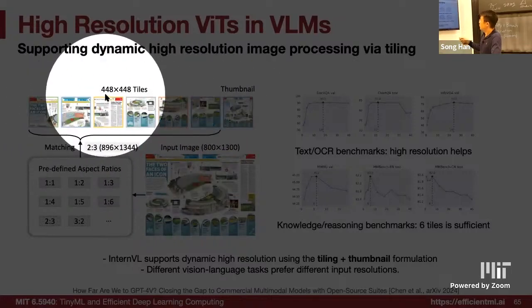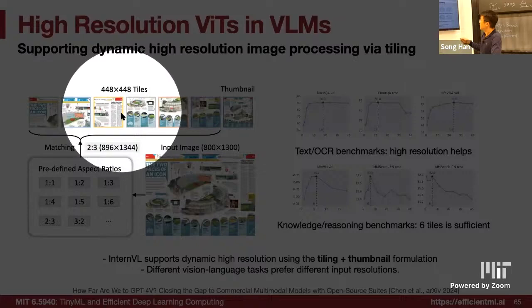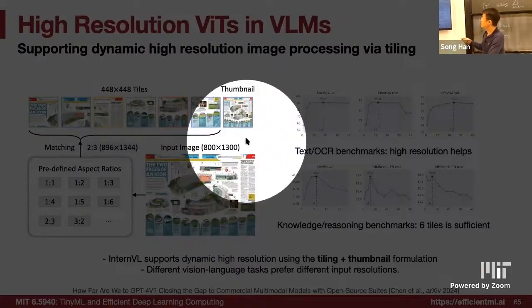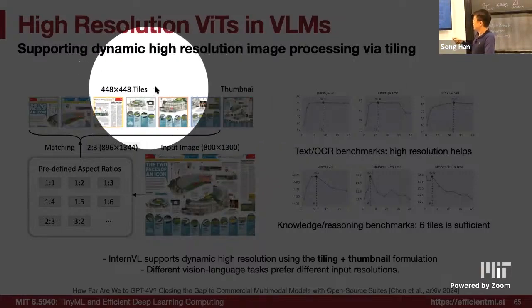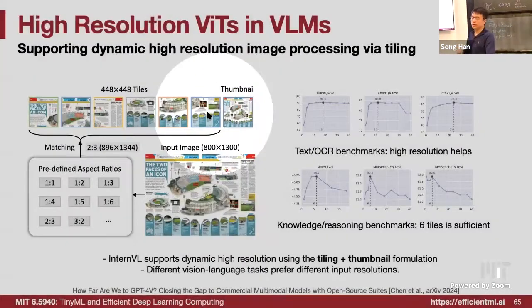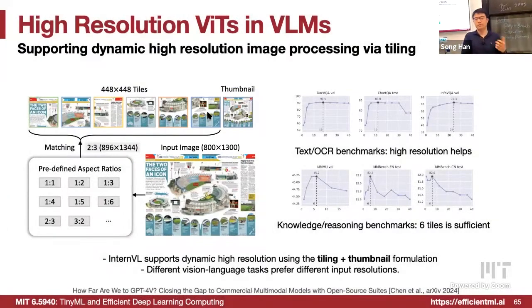Each one is a 448 by 448 tile, and finally we have a thumbnail, a smaller version down-sampled to 448 by 448, and we put them all together.